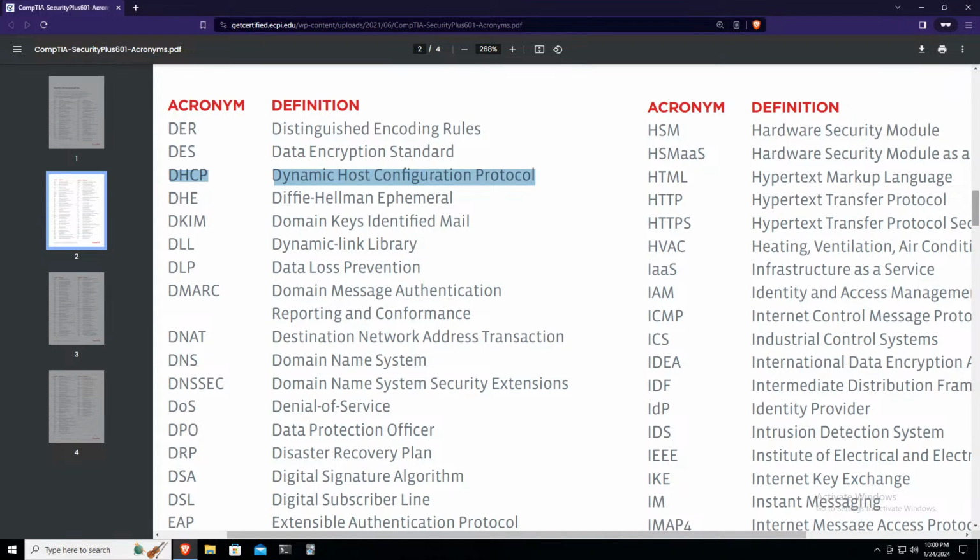It also does it for the default gateway, for example, which would be something like your router or your modem. It basically manages all your IP addresses. So if your DHCP is out of whack, then you might not be able to access a certain web server because the IP hasn't been renewed or it's stale.